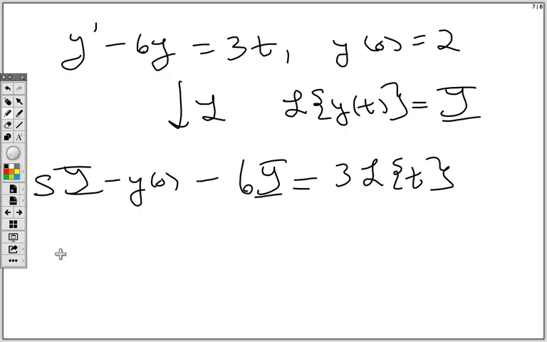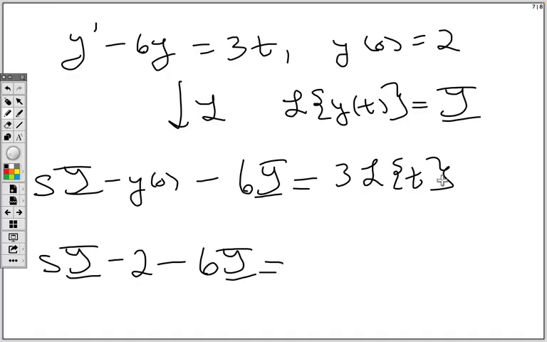Okay? So I'll just fill in now what we got. So s times Y minus, y at 0 is 2, that's given to us there, minus 6Y. And now I'm going to take 3 times the Laplace of t. So think back to last week. What's the Laplace transform of t to the first power?